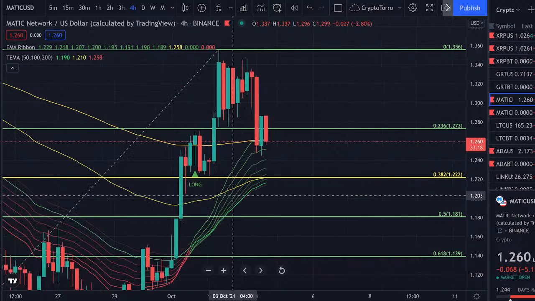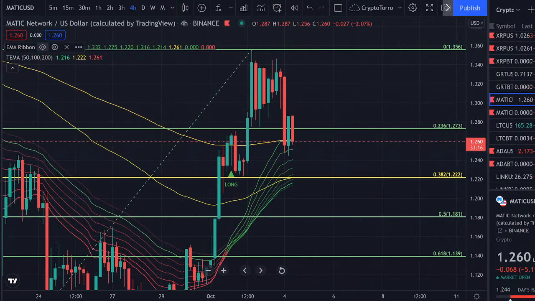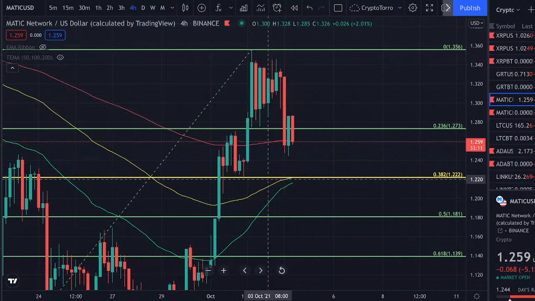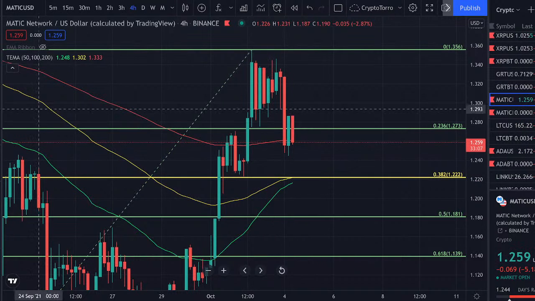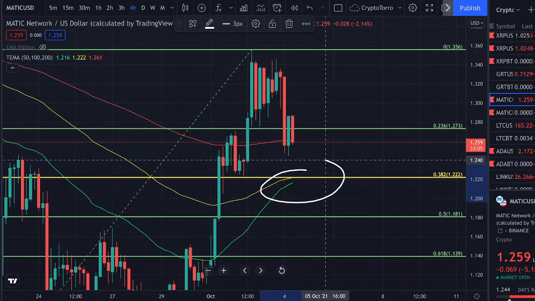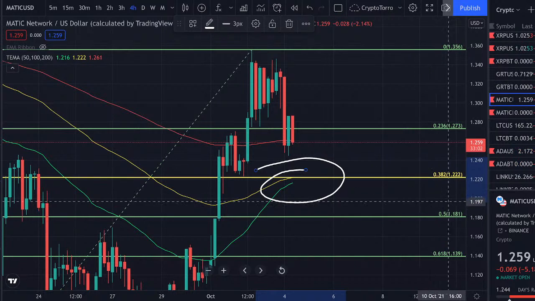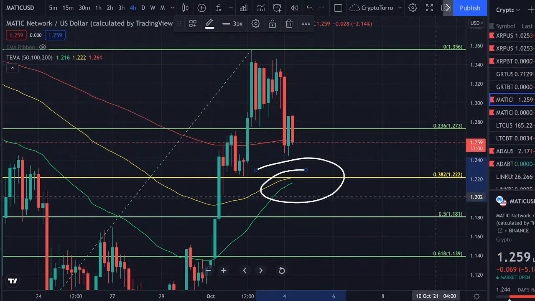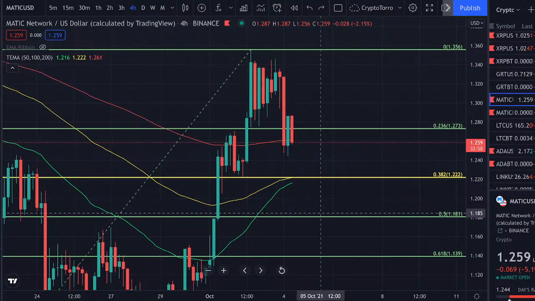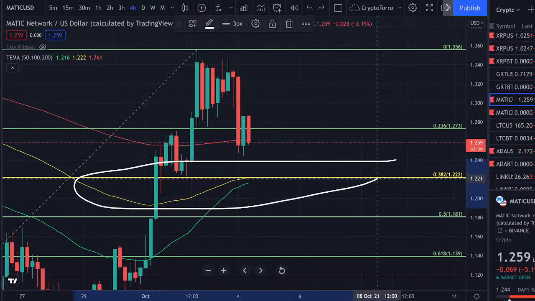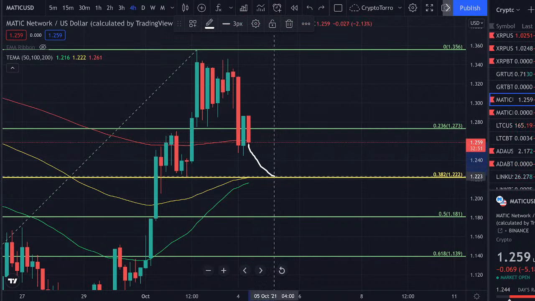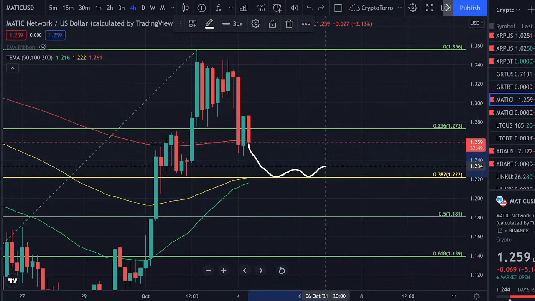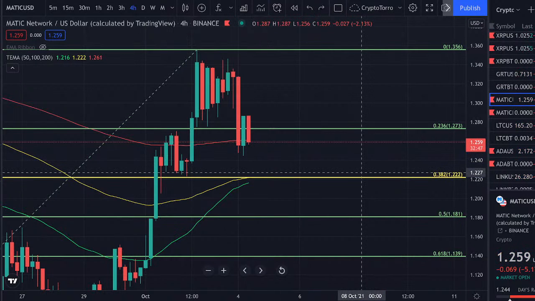And you can clearly see at this point in time, sorry for that, that the 150-day moving average is serving as support on top of the 0.382, and therefore I think it is very likely that this will hold very strong for Matic, and it will be a great point in time to purchase Polygon if you do not hold this cryptocurrency yet.